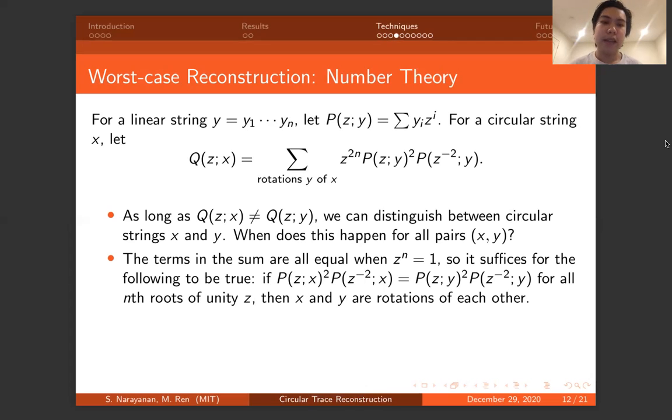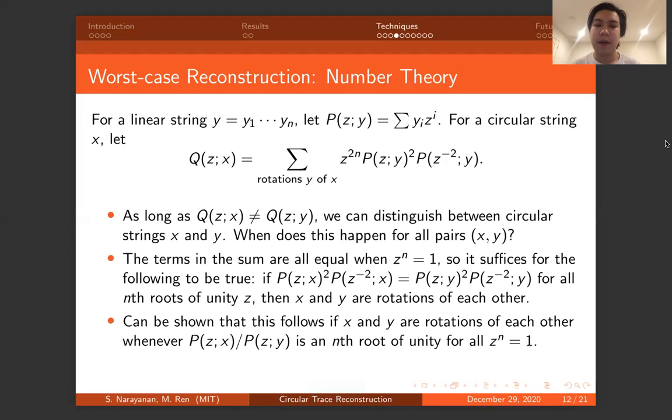So to demonstrate that qzx and qzy are not equal as polynomials, we just need to show that for some root of unity z, they're not equal. Hence, for some root of unity z, the individual terms, p of z squared times p of 1 over z squared, are not equal. We want this to be true: if these two terms are equal for x and y for all nth roots of unity z, then x and y are rotations.